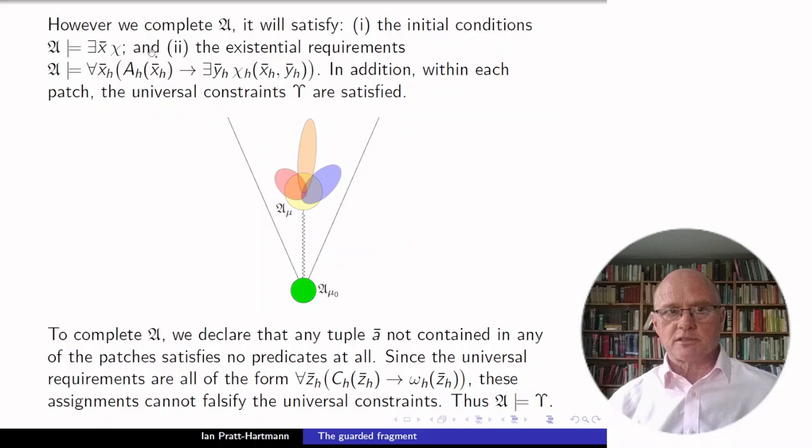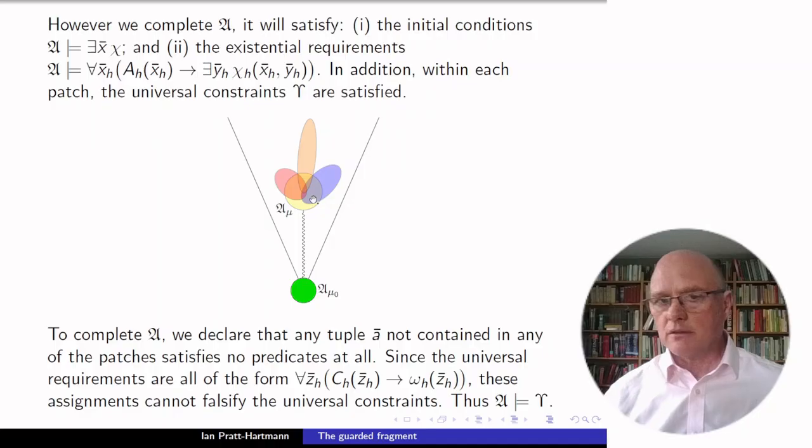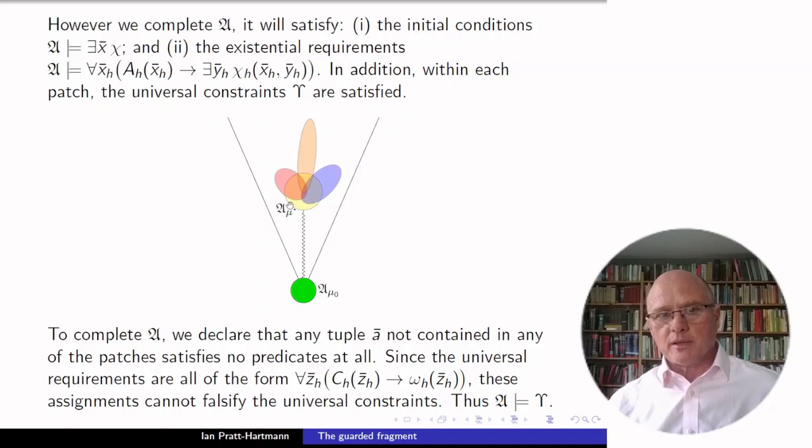First of all, the initial conditions are satisfied because they were satisfied in this little patch down here. We know that all of the existential requirements are satisfied because if any tuple is known to satisfy an atom, then it must be in one of these patches, and witnesses will have been added when we added daughters for that patch. So all of the witness constraints will now be satisfied.